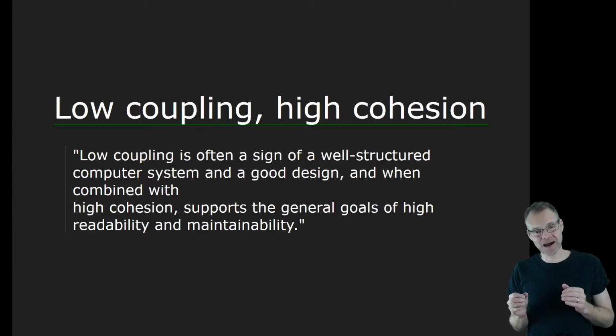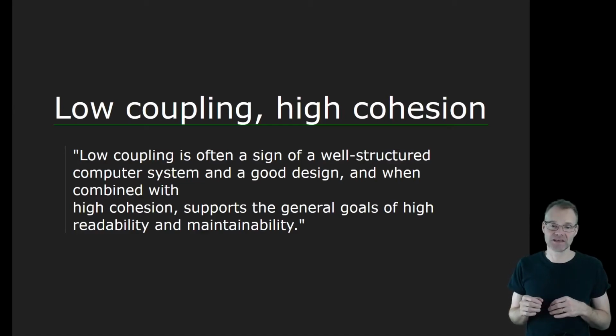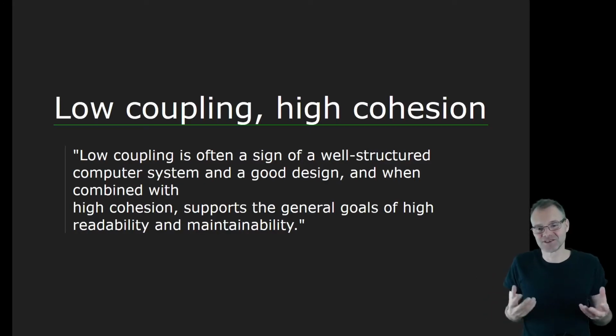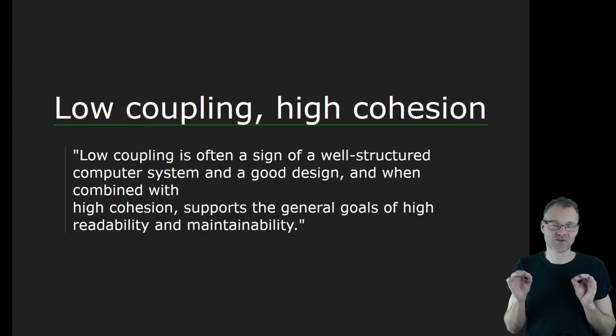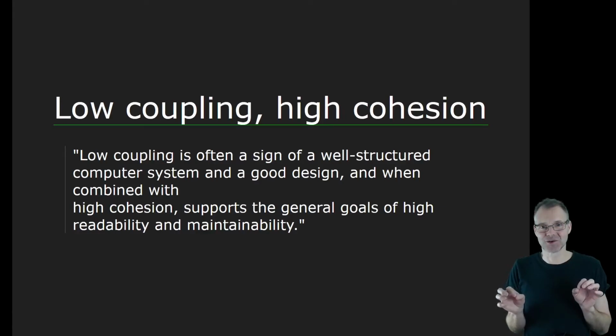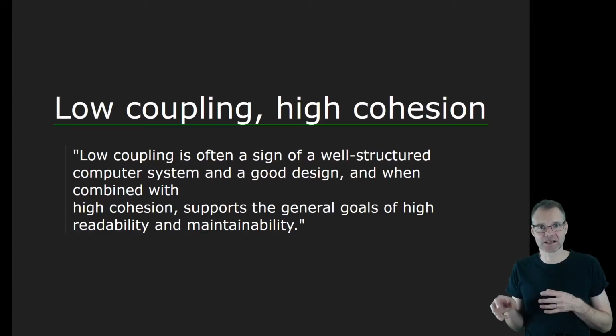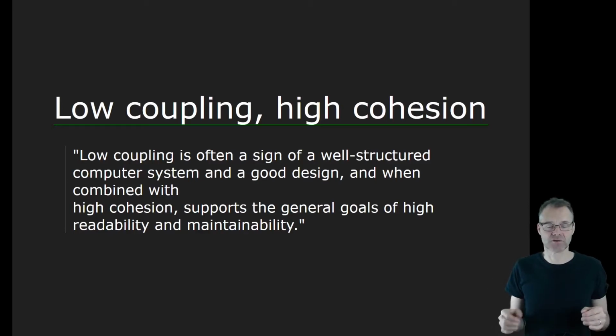And when we combine this with high cohesion, we're getting software metrics that in general show us that these could be the two things that point out your software to be good, clean code, easy to read, easy to maintain. So remember that. Low coupling, high cohesion. That is what we are striving for.